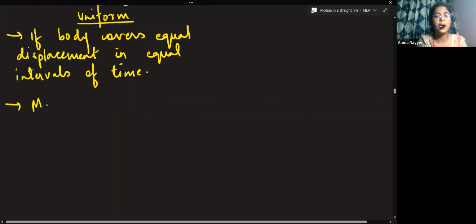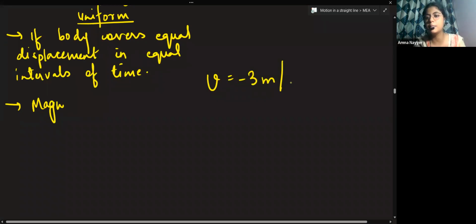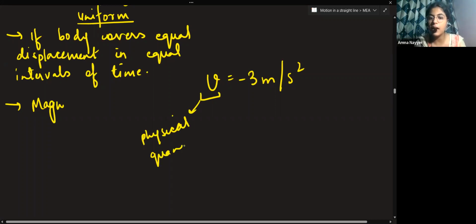I hope you understand the term magnitude. If I say velocity is equal to minus 3 meter per second squared, velocity is a physical quantity. That's why we have this chapter on quantities first, so that we know what physical quantities are. This negative sign tells me the direction. This 3 is the magnitude.